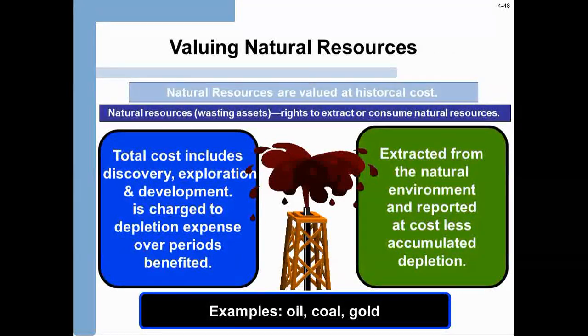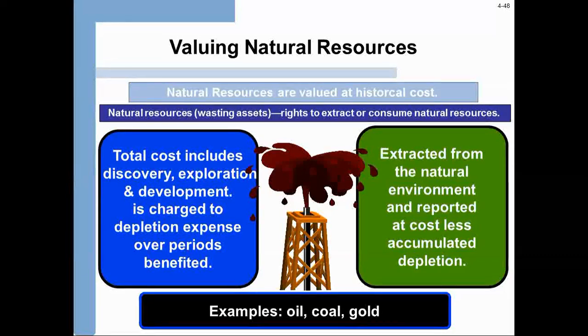Then comes valuing the natural resources, which we call depletion. And in this, whenever we calculate the value of the natural resources, the value is recorded at the total cost plus the exploration cost plus all those costs incurred in order to make the natural resource available for us.